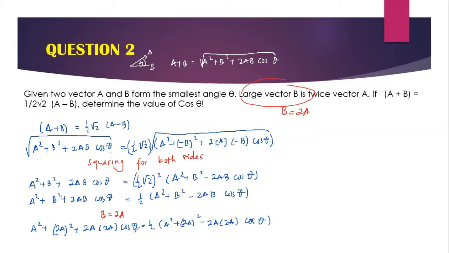Next, A square plus 4A square plus 4A square cosine theta equal a half, open the bracket, A square plus 4A square minus 4A square cosine theta in the bracket.